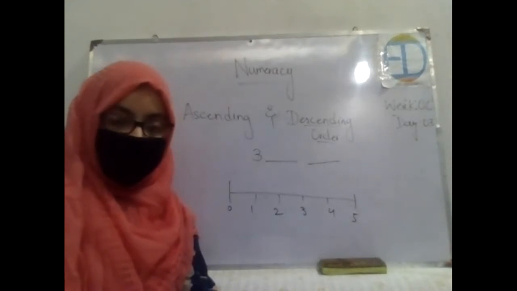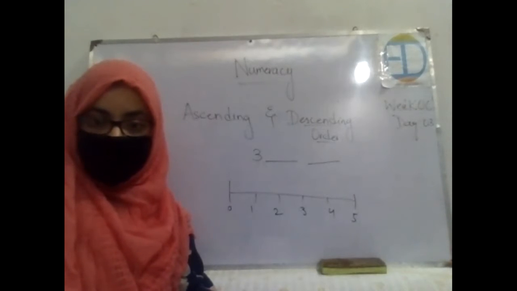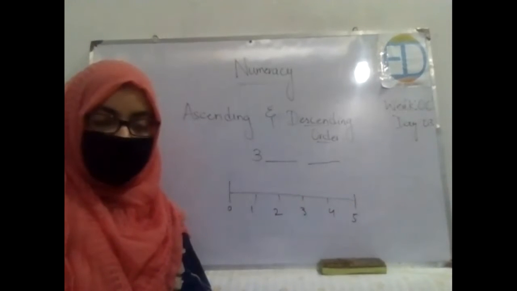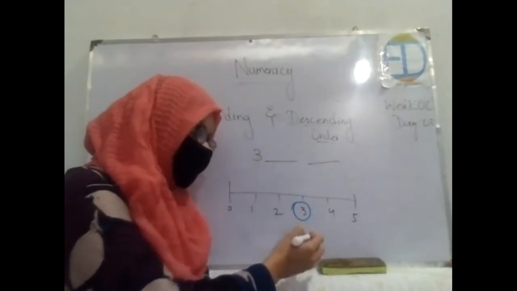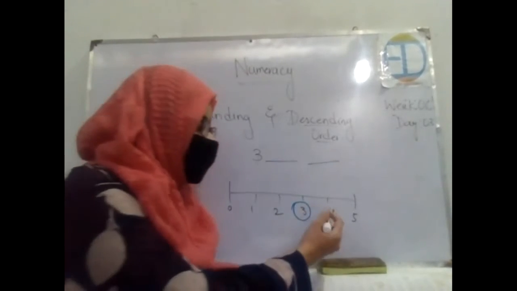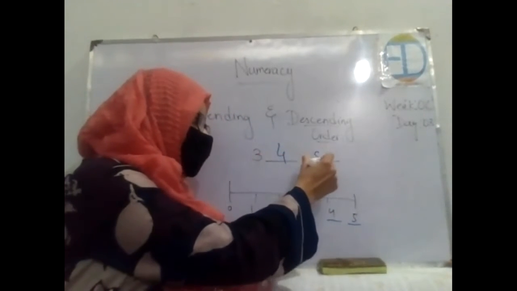What was the first step? That we find where it is located, right? So where is 3 located on the number line? Over there. Excellent. Now what are the two numbers that come after 3? They are 4 and 5, right? So the two numbers are 4 and 5.